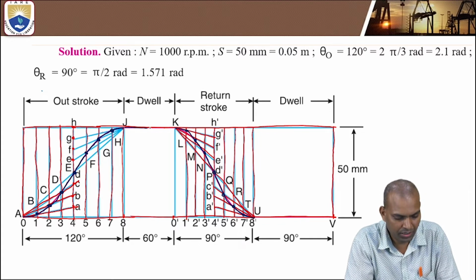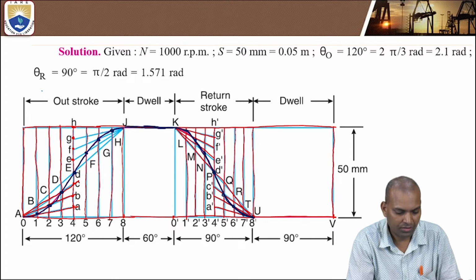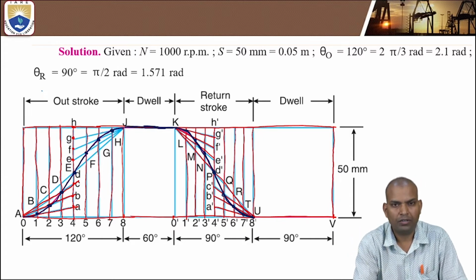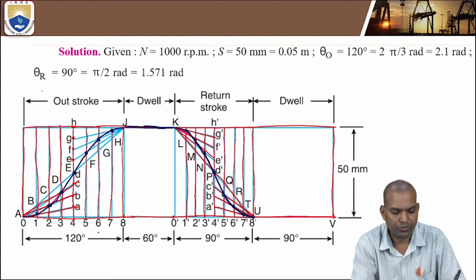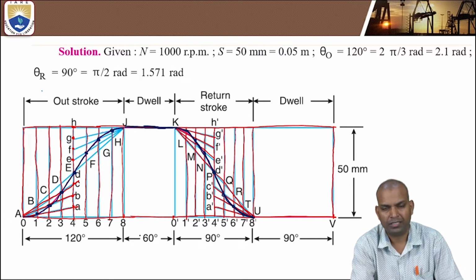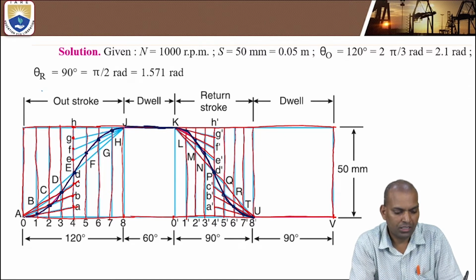So this curve indicates the path of a follower under the cam rotation during outstroke, dwell and return strokes and remaining dwell positions. So this is the curve.